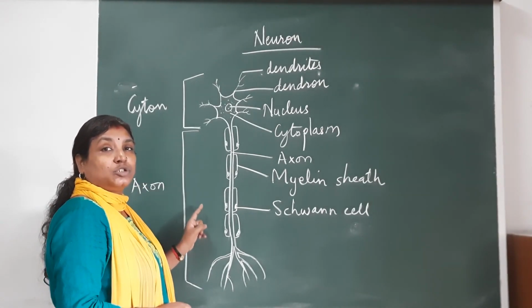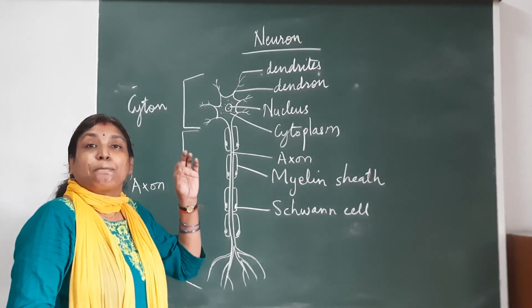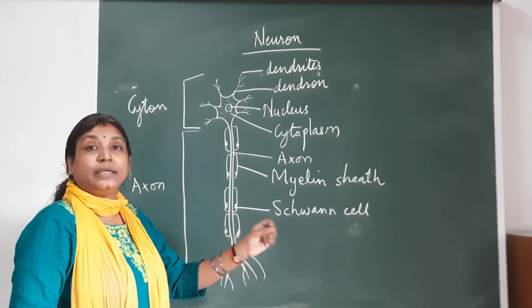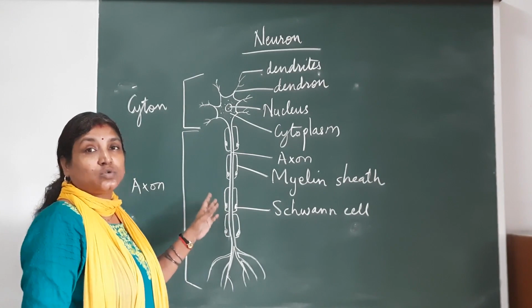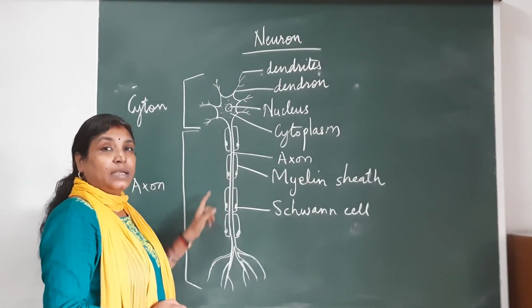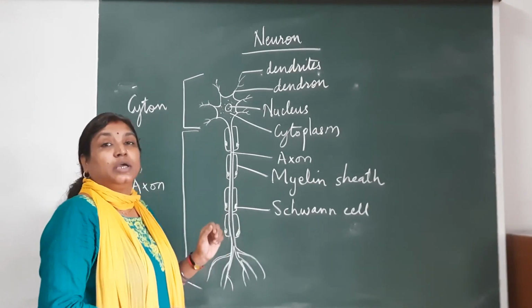This interruption helps to conduct the message at a very fast speed. You can say a lightning speed. This interruption or the breakage in the myelin sheath increases the speed of conduction of impulse.